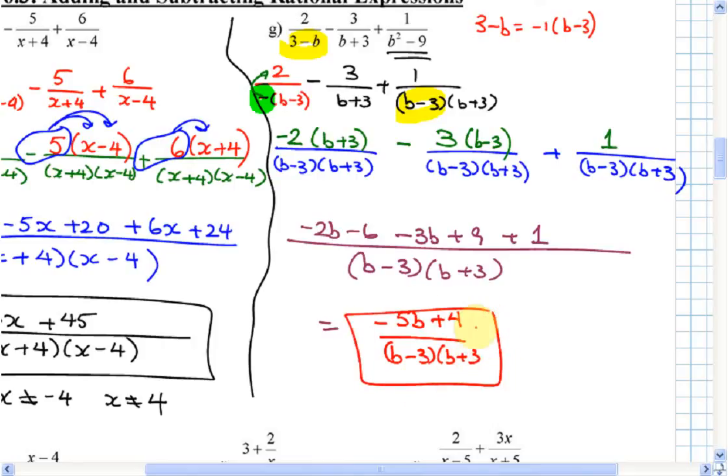Looking good? Yes or no? Yep. Okay. NPVs once again. B cannot equal 3. B cannot equal -3. Okay.